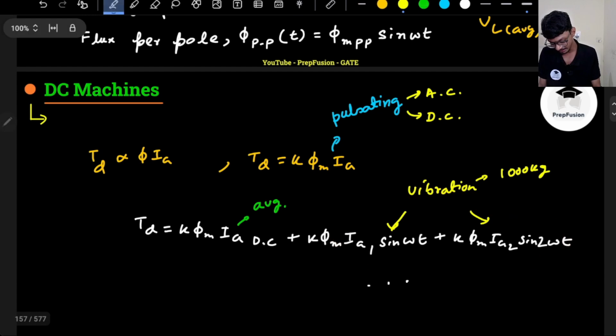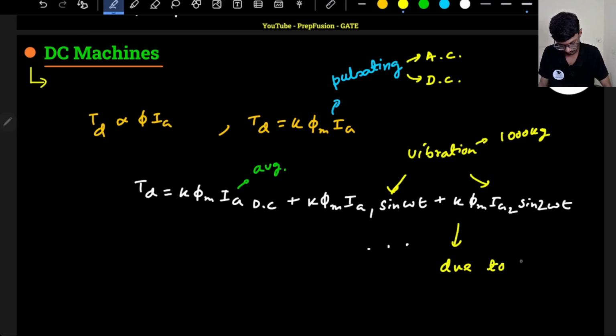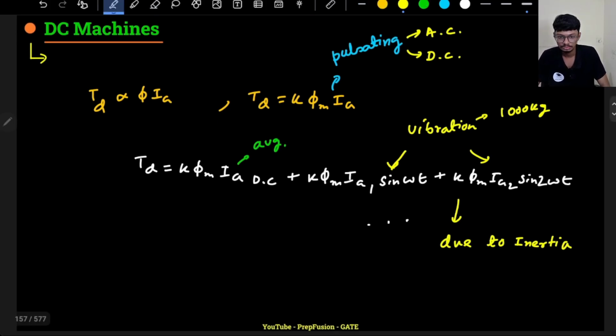So due to inertia, basically nothing will happen; these will not do anything.